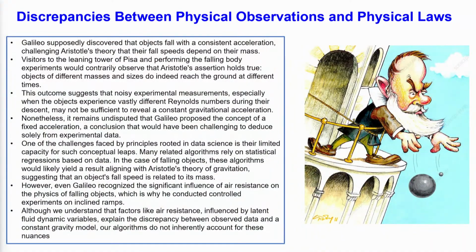Now if you do these experiments with objects of different mass, say the typical metallic mass and a feather, they will fall differently. You go to that Pisa's tower and make them fall, and they will fall differently. So if that experiment is converted to a data science based theory, then Aristotle's observation would be translated to a new theory, and Galileo's theory will not be there.